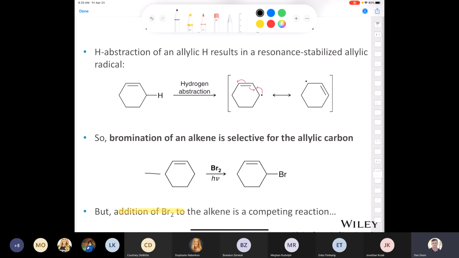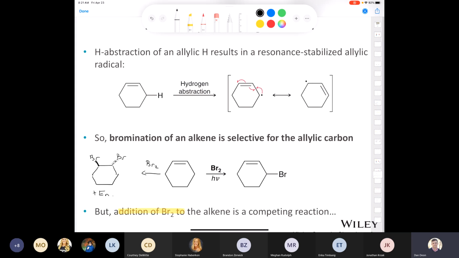Since you're in bromine, you're also going to get a bunch of this, the trans 1,2-dibromocyclohexane plus its enantiomer, and that is not what we want. We want to do the allylic bromination.